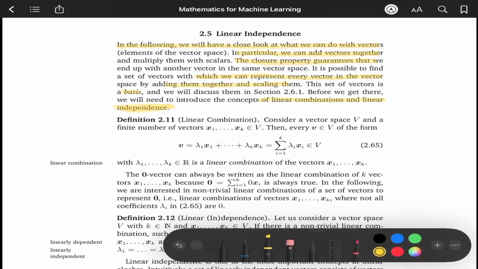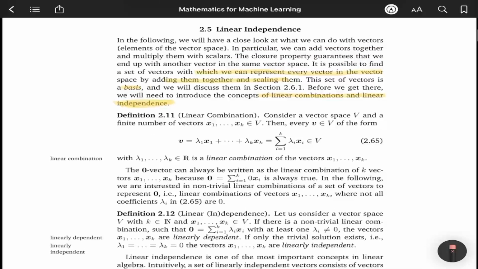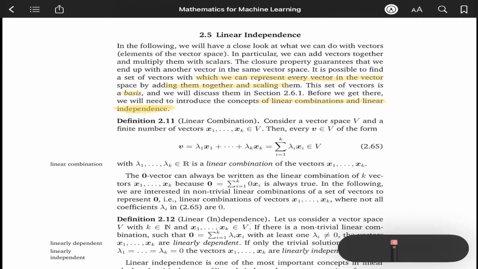Okay, so what they're saying is we can build vectors out of other vectors, and there's a special set called a basis. If we have them, we can build basically every vector within that vector space. Definition 2.11, linear combination. Consider a vector space V and a finite number of vectors x1 to xk.